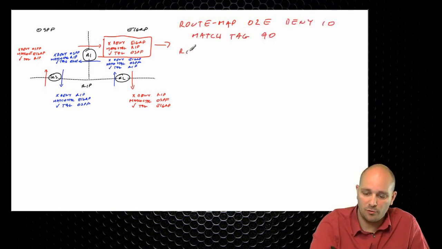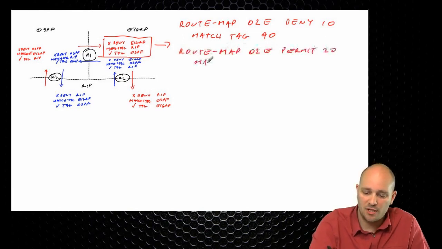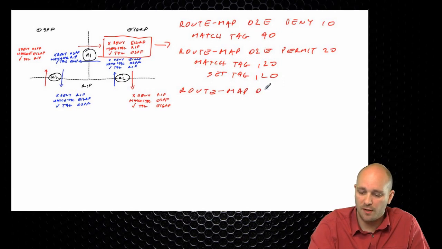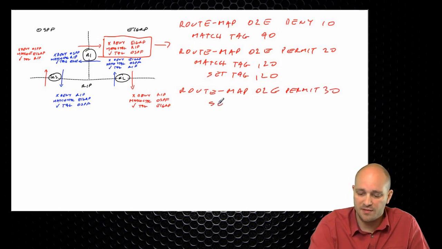Then route map OSPF to EIGRP permit 20. Match tag 120 and then set tag 120. And then route map OSPF to EIGRP permit 30, and I'm going to have a simple set tag 110.